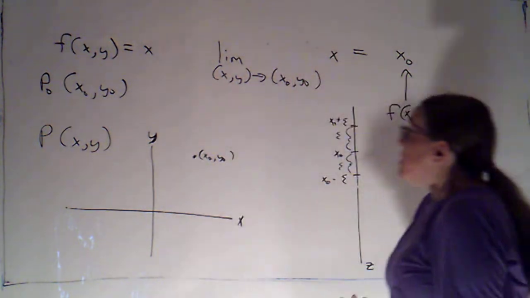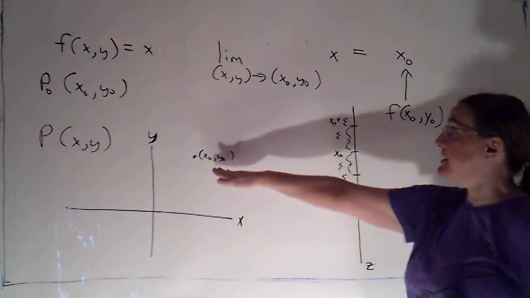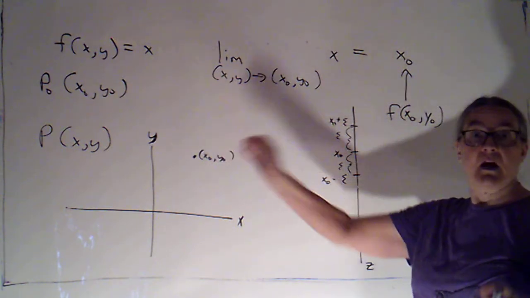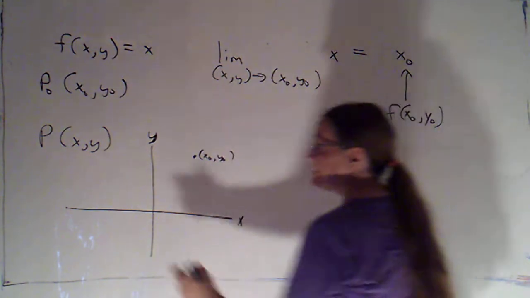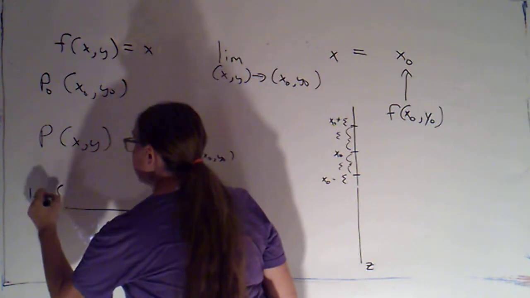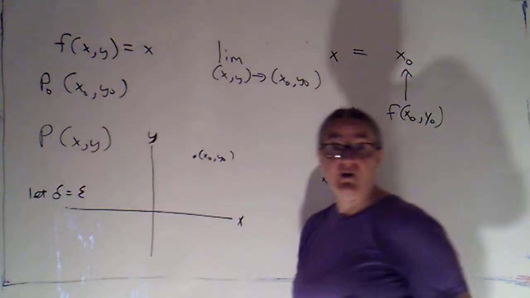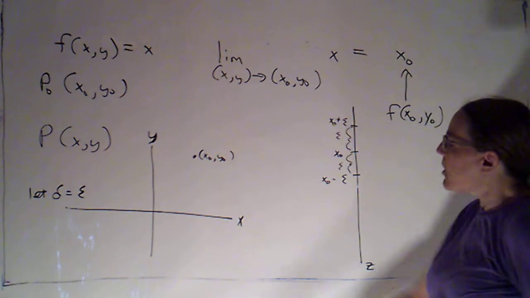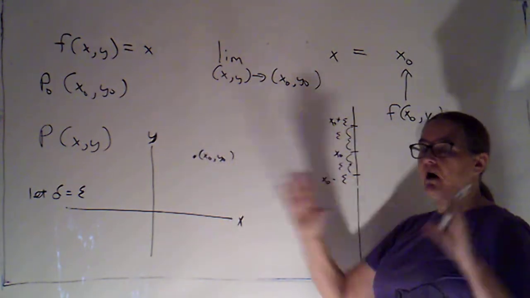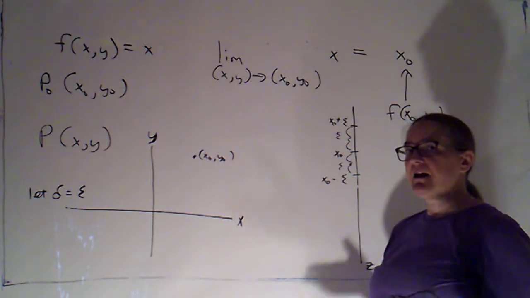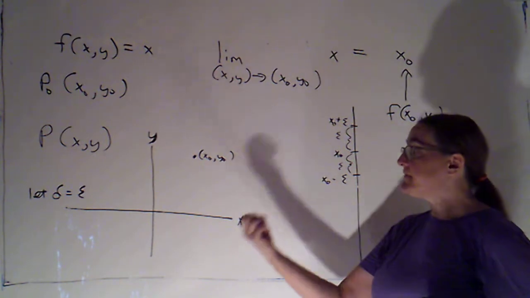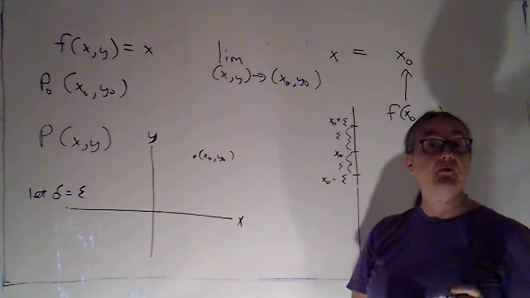Okay, so what we need to do is figure out how close we need to be here. Well, what I'm going to do is just let delta be the same as epsilon. Okay. So I'm going to draw a picture now of all of the points that are within a distance of delta of this point right here.